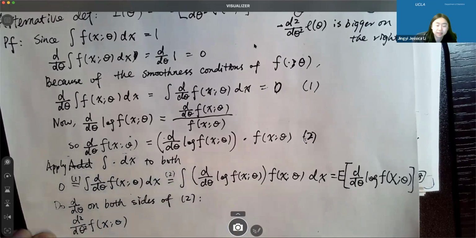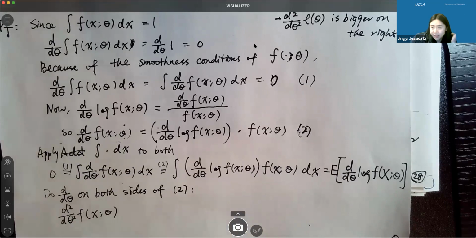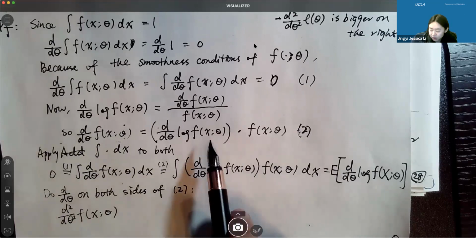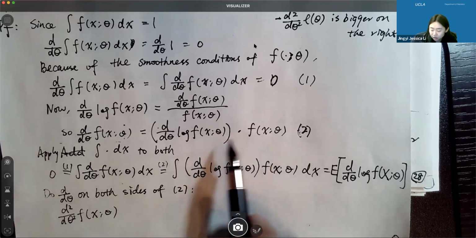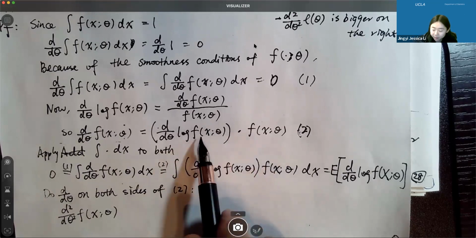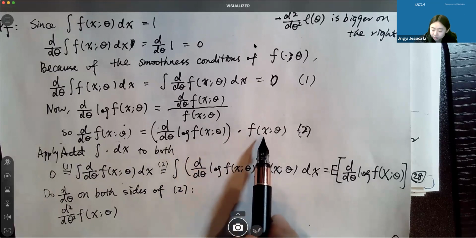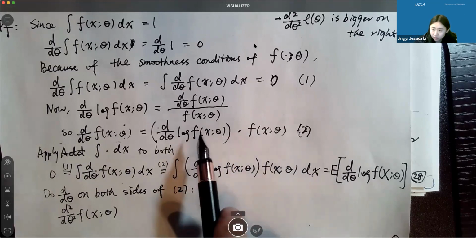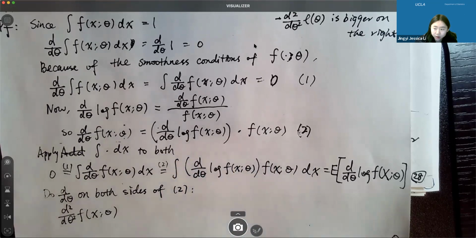This is the left-hand side. For the right-hand side, we are going to do this on a product, right? And we know the rule is that we do differentiation on term 1, keep term 2 unchanged, plus differentiation on term 2, keeping term 1 unchanged. So we're going to do that.